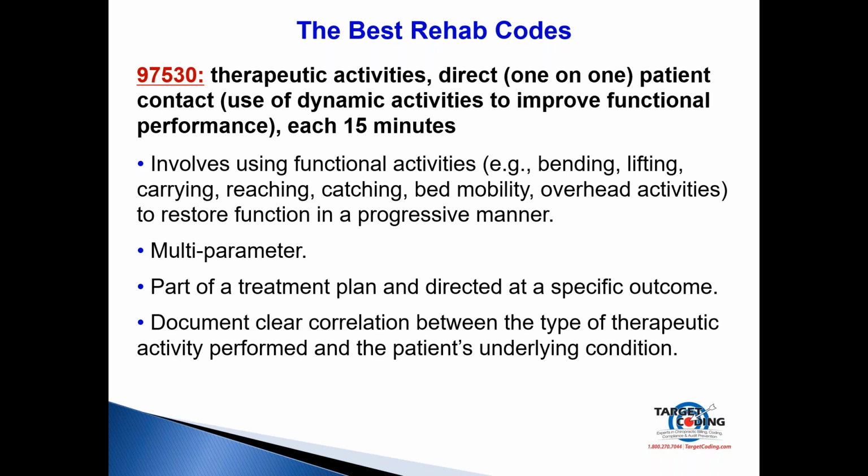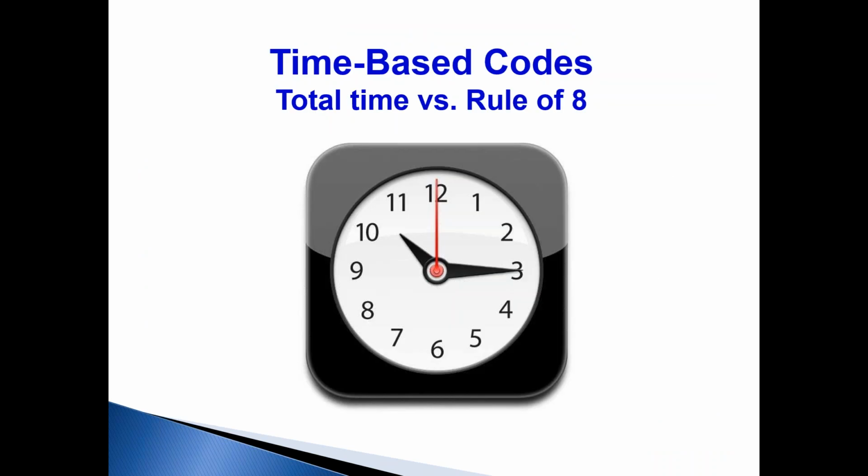The patient is doing something in your office that helps improve bending, lifting, reaching, carrying. That's why a lot of people call this the ING code. It's a multi-parameter code. Document clear correlation between the type of therapeutic activity performed and the patient's underlying condition. Big difference between 97110 and 97530.